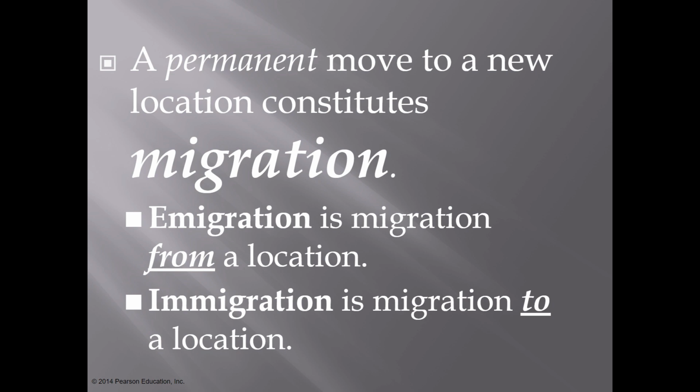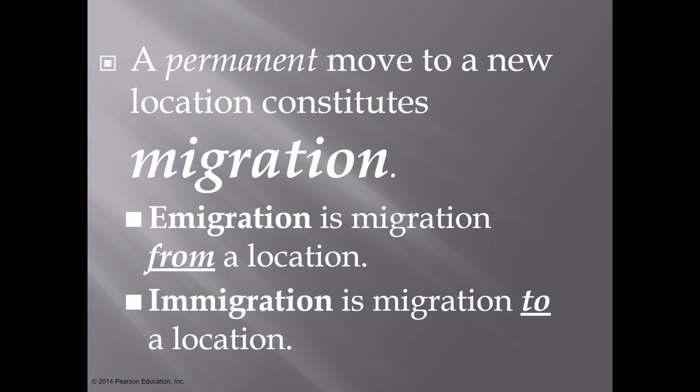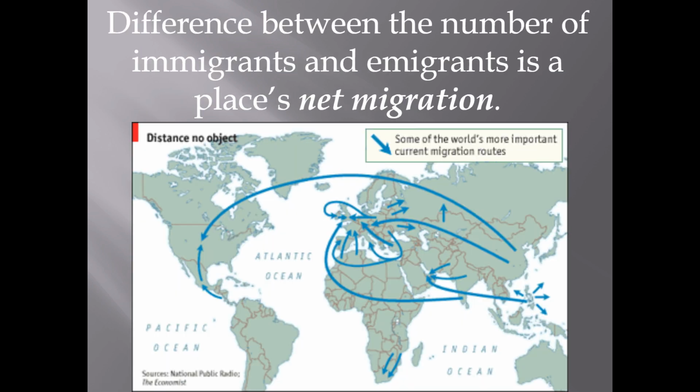So emigration with an E and only one M is migration from a location. Immigration with an I and two M's is migration to a location. So, for instance, when Mr. Majewski's great-grandparents came to the United States, they emigrated from Poland. They immigrated to the United States, and specifically into the New York area at first. All right? So migration, a permanent move, and emigration from, immigration to that location.